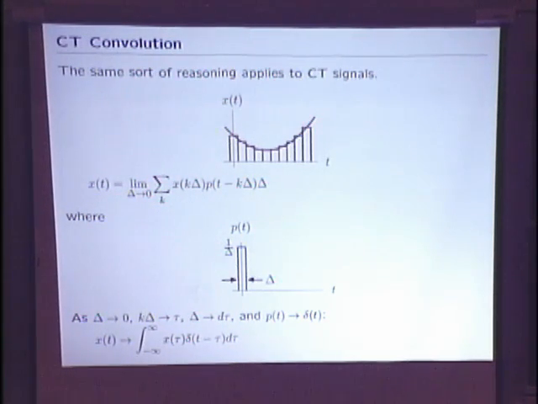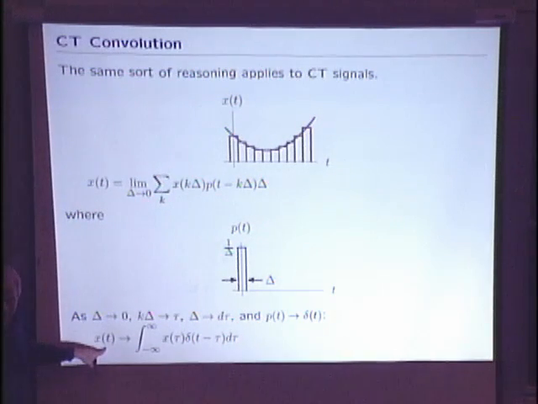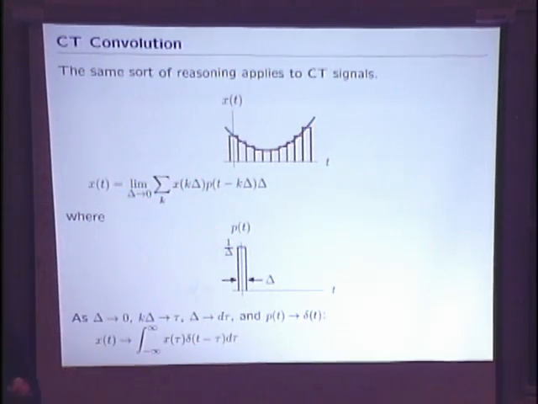And the reason we use delta to represent the unit sample signal and the unit impulse signal is clear because the representation of an arbitrary signal in terms of delta functions looks much the same in CT and in DT.